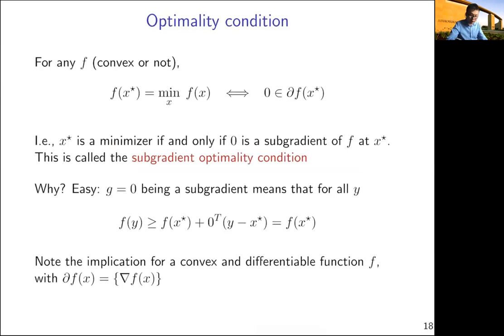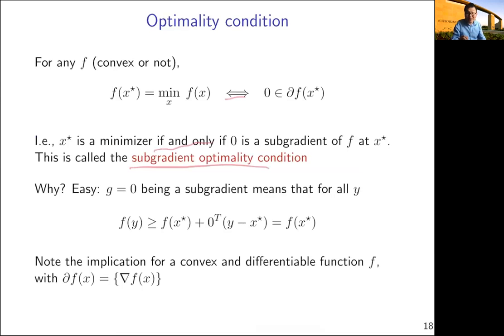In other words, the subdifferential can be used to certify whether any given solution is the optimizer or not. This is an if and only if condition. We call this condition the subgradient optimality condition.